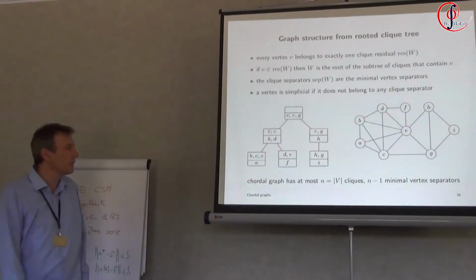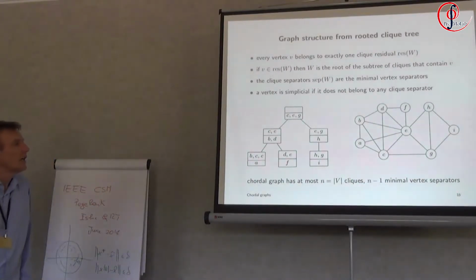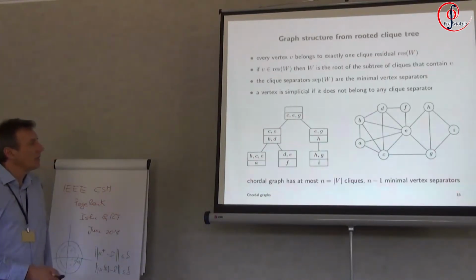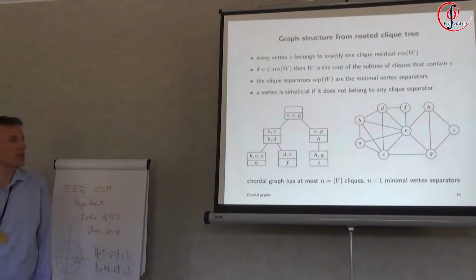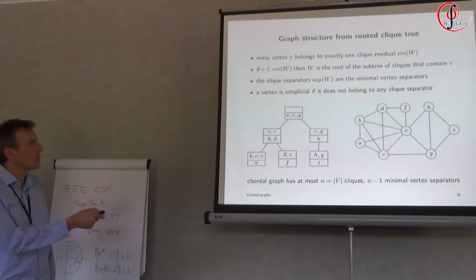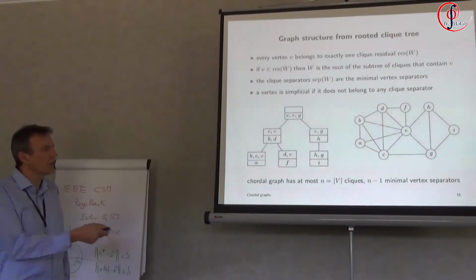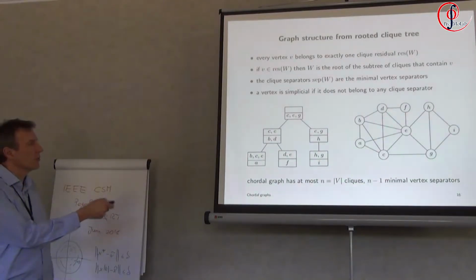You cannot have more than n cliques, and no more than n minus 1 minimal vertex separators, because every edge in the clique tree gives you a minimal vertex separator, but some of them could appear more than once. So it's not necessarily the number of cliques minus 1, because some of them could be duplicates.